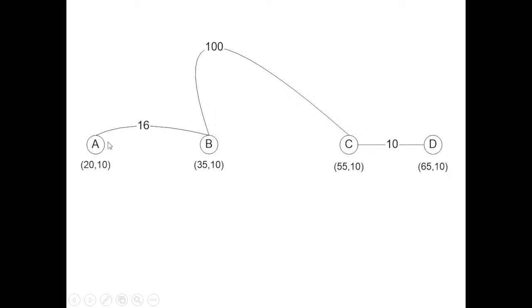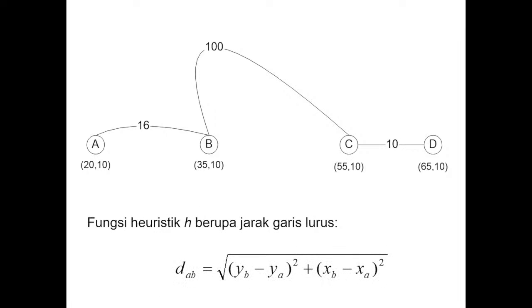For example, from A to B the heuristic is 16, from B to C this one is 100, and from C to D this one is 10. We can see that the straight line distance is close to the actual cost. So it's the best heuristic. We can use this one as our heuristic.